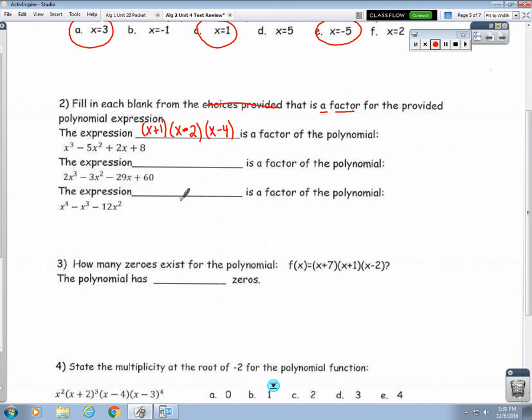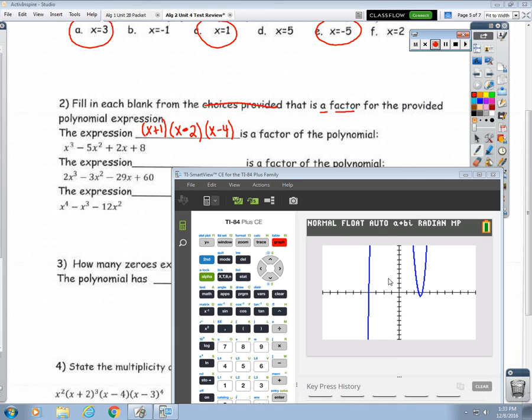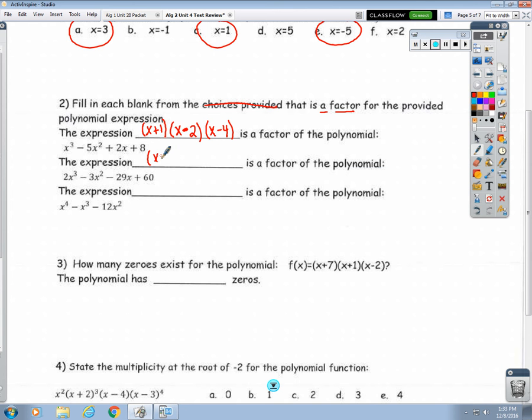So try the next 2 by yourself. Here's the graph of it. So this is a 0 at -4, so its factor would be x plus 4.